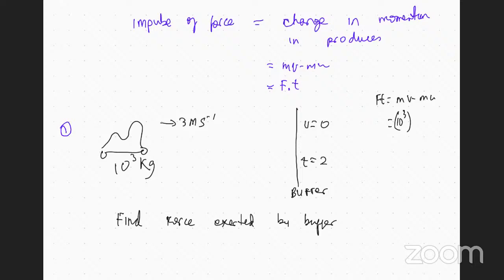There should be 0 here, and the next one is 10 to the power 3 by 3. We're trying to find the force that acts for 2 seconds. So F is equal to minus 3 by 10 to the 3 over 2. That's like 3,000 divided by 2. So that's 1,500. Notice the negative sign because it's a force acting in the opposite direction. It's a repulsive force.